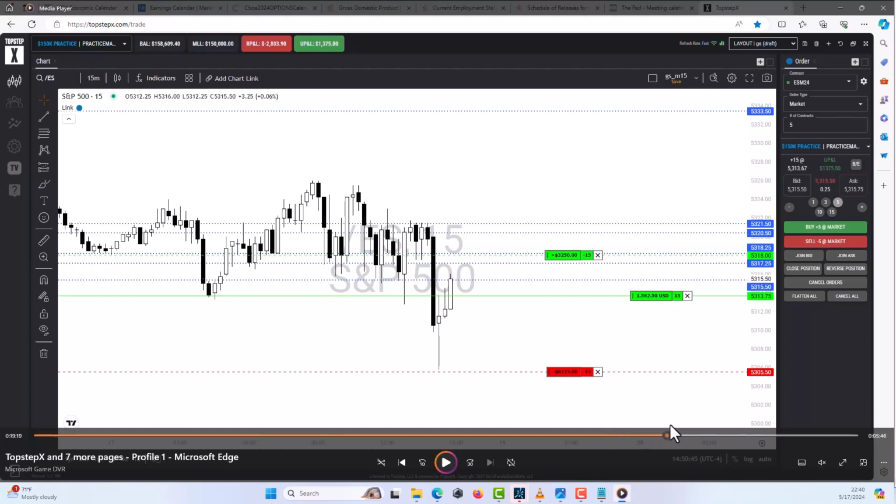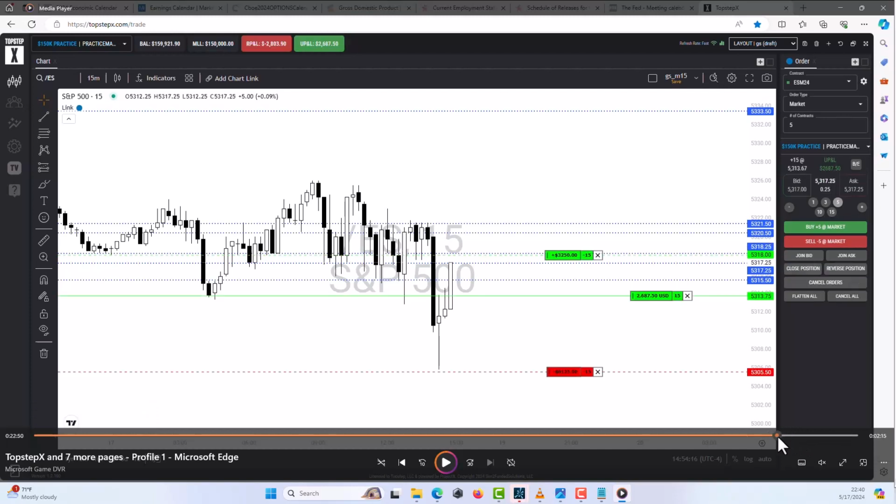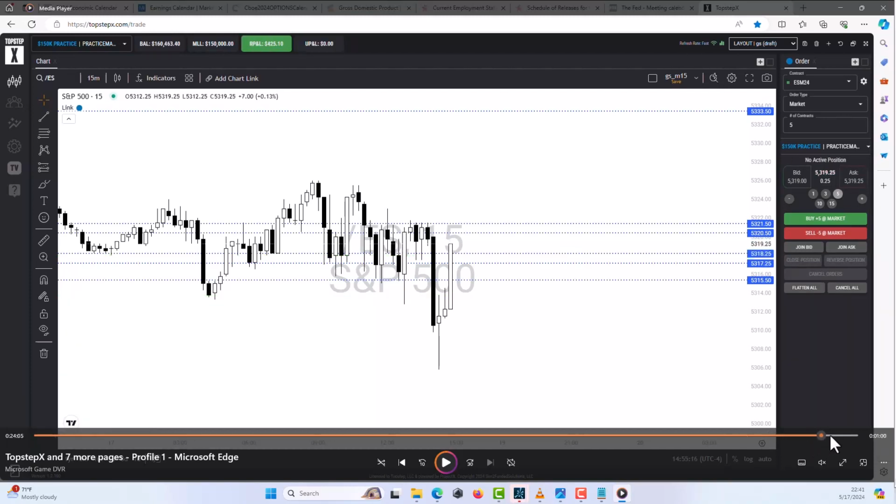Now it's the explosive move that we expect. So you see, it's all the way up to level 53, 20 and 21 right there. So that's the last trade we took that made us a green day.